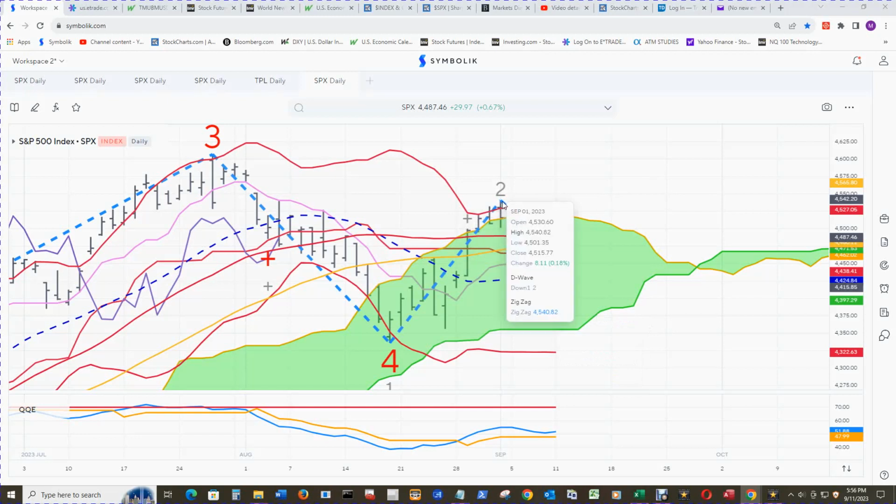And the zigzag had a swing point again. That's twice it had the swing point at this D wave down. So to change that back to a swing to the upside, there's going to have to be a tick higher than this high, 4540.82, and that's up there in some of those other areas that we just looked at.